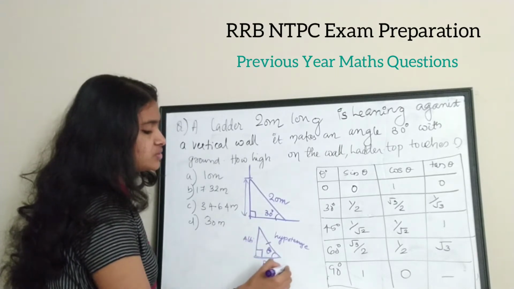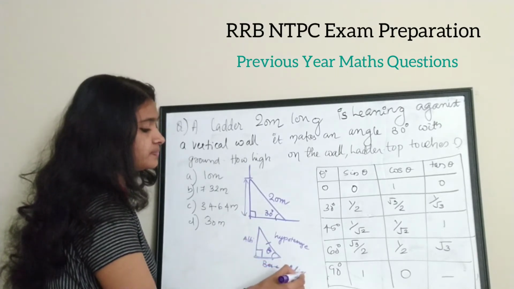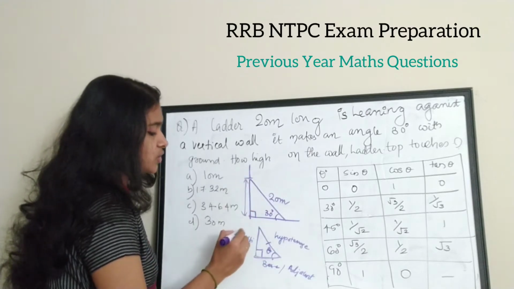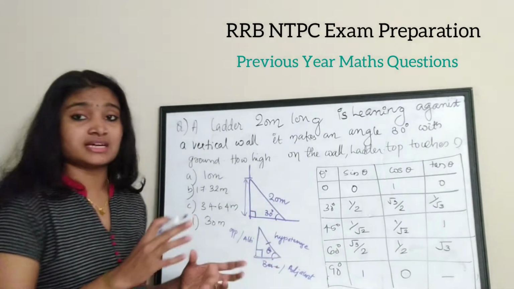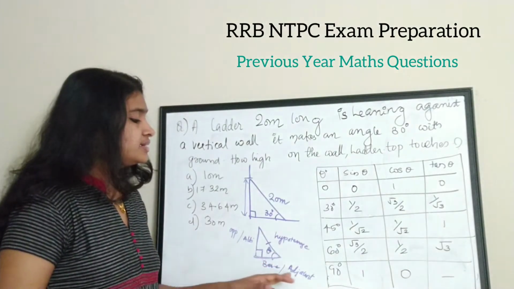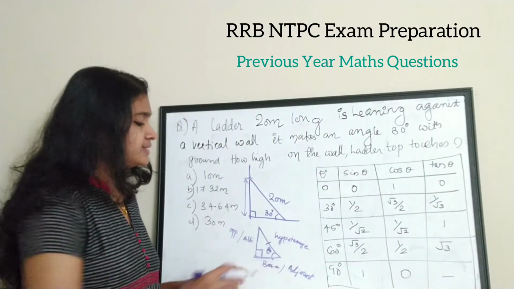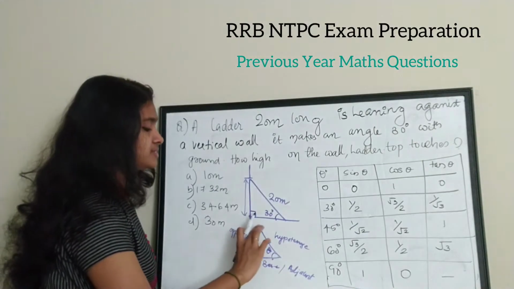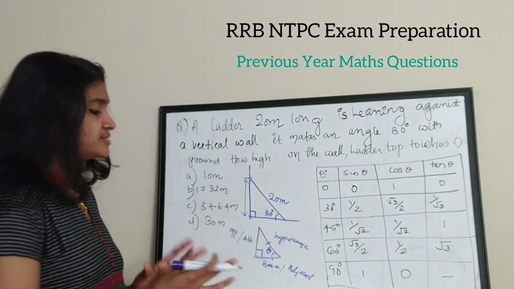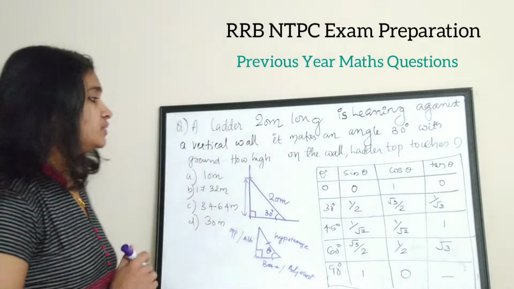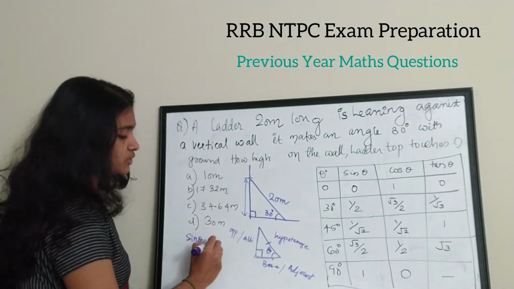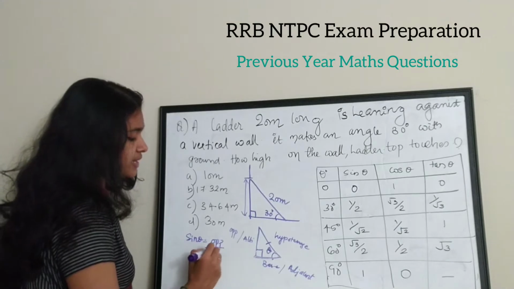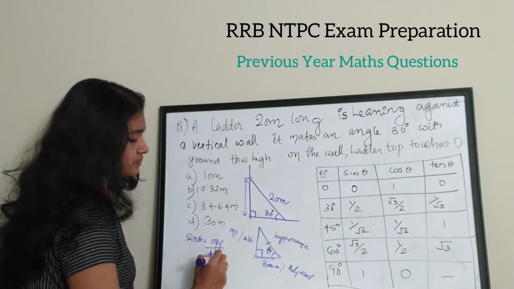This base is also called the adjacent side, and the altitude is called the opposite side, when we are talking about theta. So when theta is considered, this base is the adjacent side and this is the opposite side. Now, what is sine theta? Sine theta equals opposite side by hypotenuse.